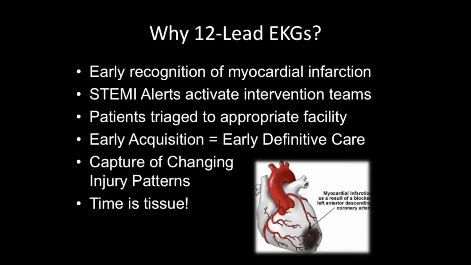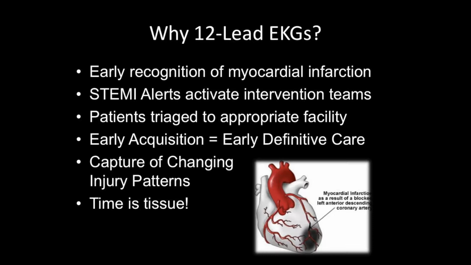We want to get them to a facility that can do PCI, percutaneous catheterization, get into the coronary vessels, and open them up. Okay? Charlotte Hungerford is not a facility that can do that. Winsted Health Center is not a facility that can do that. Waterbury, St. Francis, St. Mary's, Hartford, all of those are facilities that have that capability.